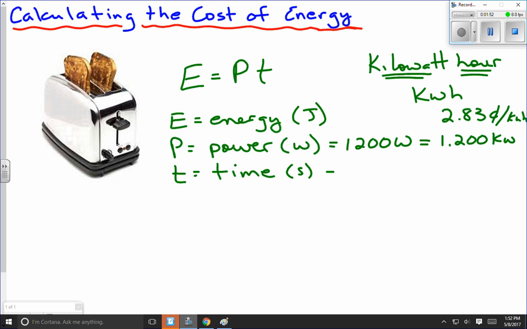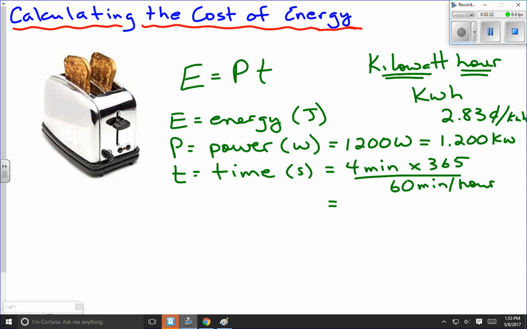Now, as far as the time is concerned, how long does it take to cook your toast? Let's say it takes about 4 minutes to cook the toast. I know that's a reasonable estimate. But I don't want minutes, I want this in hours. So it's 4 minutes times 365 days a year, and then we need to divide all that by 60 because there are 60 minutes in an hour.